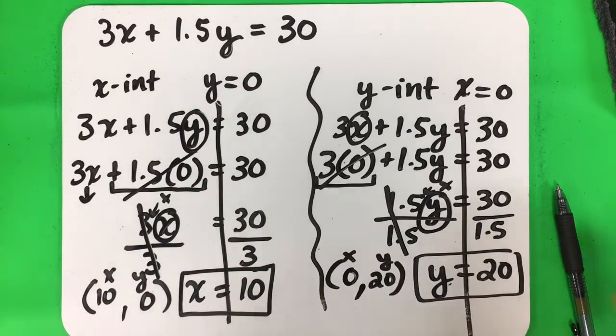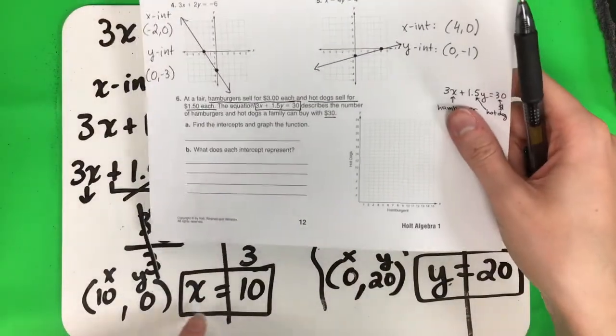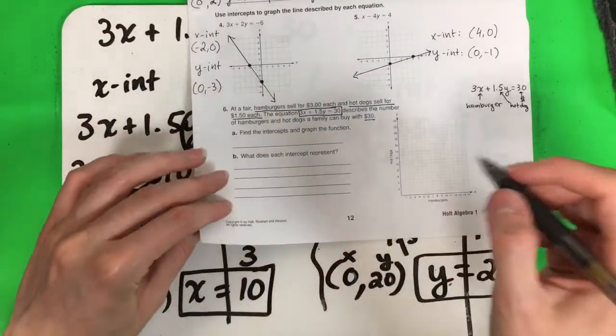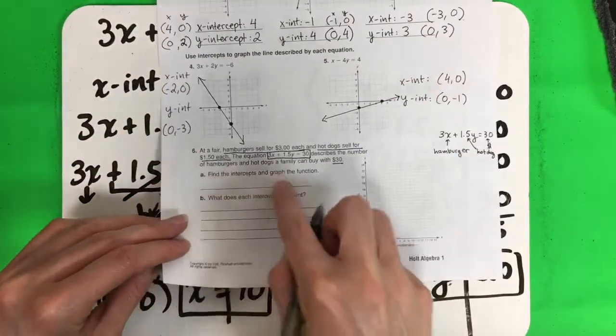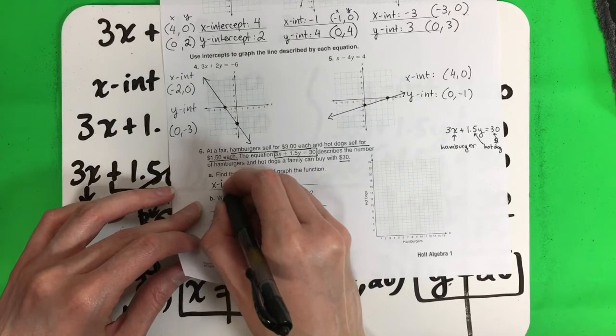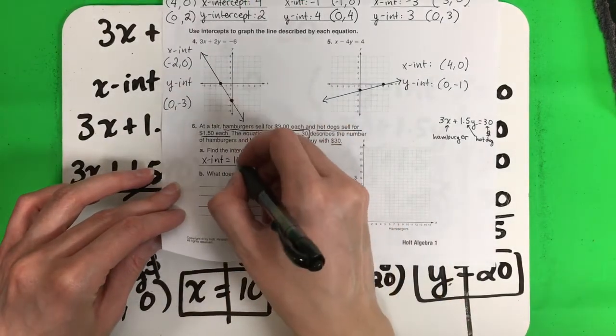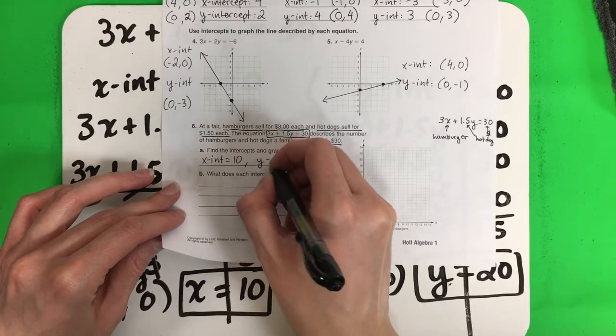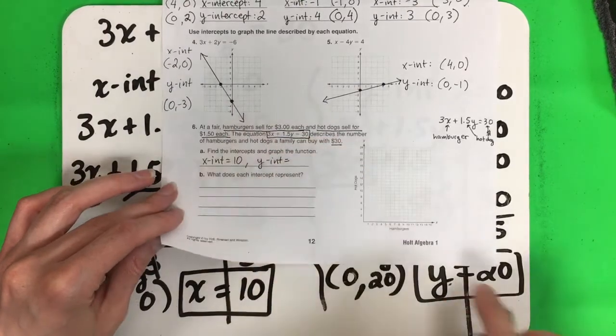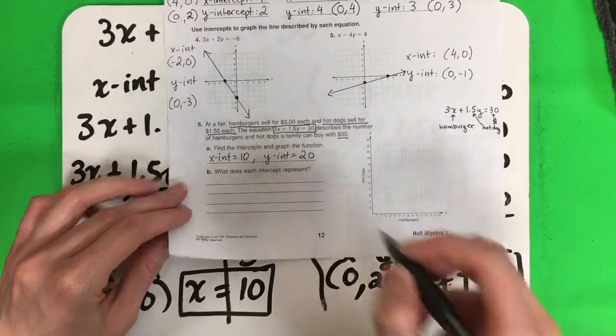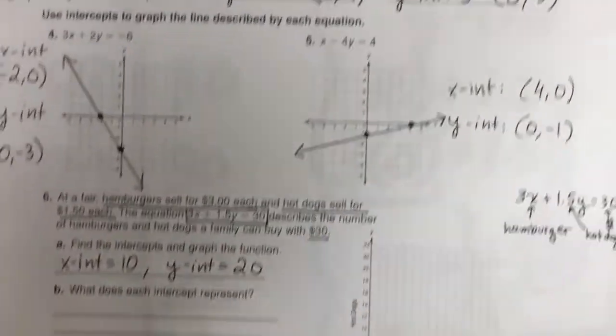Let's go ahead and graph it now. So I got x is 10. So for the x-intercept, let's put x-intercept is 10. Y-intercept is 20.